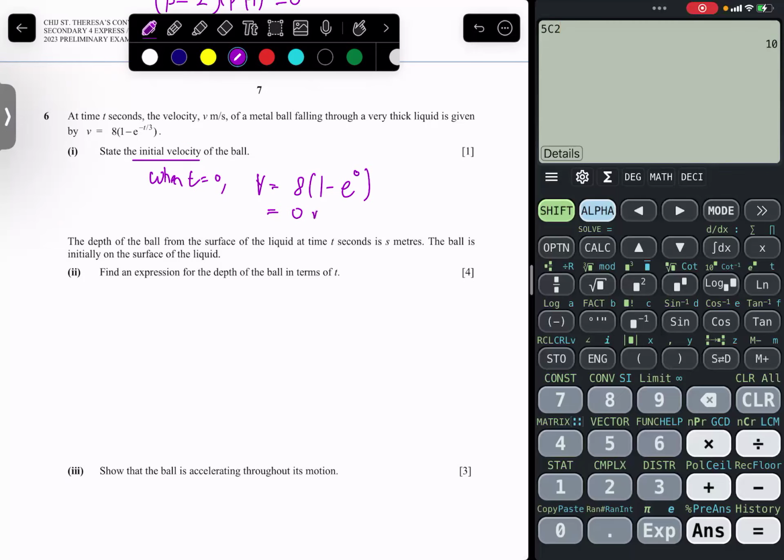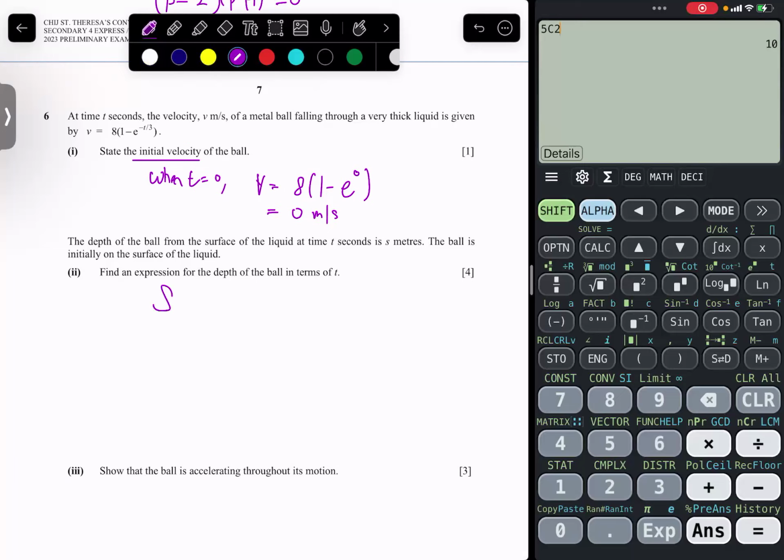Meter per second. The depth of the liquid from the surface of the liquid at time t seconds is s meter. The ball is initially on the surface of the liquid. Find an expression for the depth of the ball in terms of t. Okay, so integral, right?